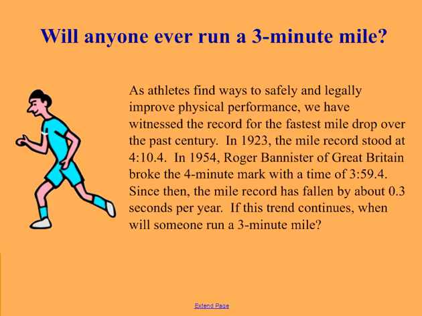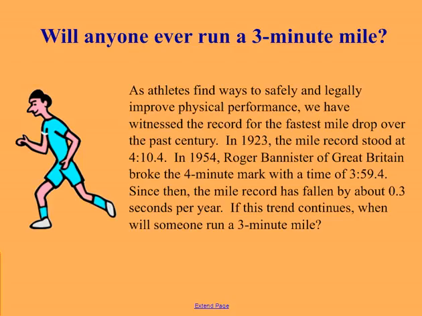All right, so we've read the problem. It's important that you comprehend what you've just read. They do give us the information about the record back in 1923, but that's not really going to help us because they don't tell us anything about that mark after 1923.